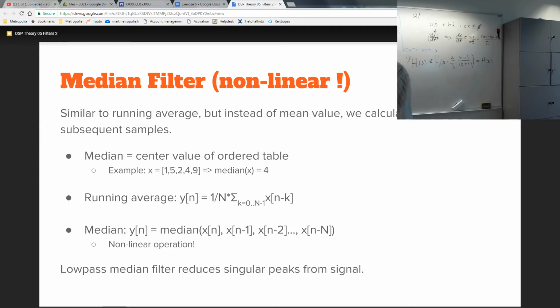You take the median of values like 1, 2, 3, 100, 4, 5, 6, 7. The median would be 5. The 100 doesn't affect it.